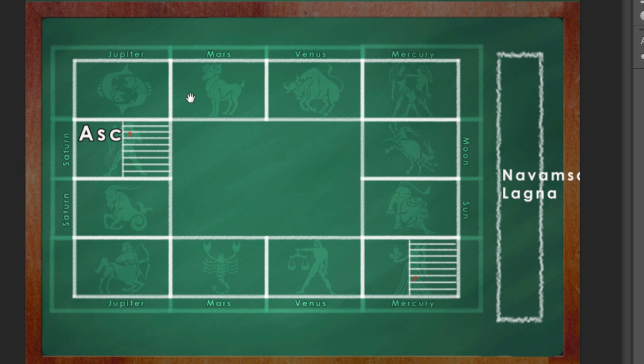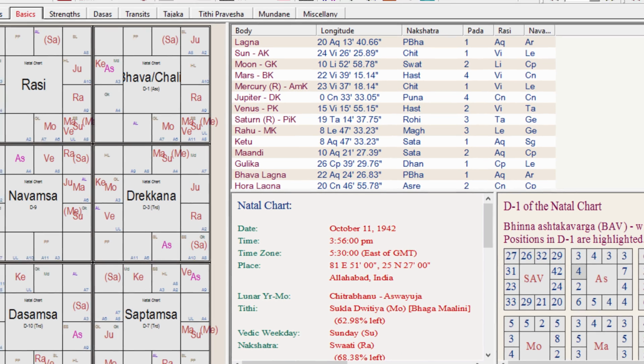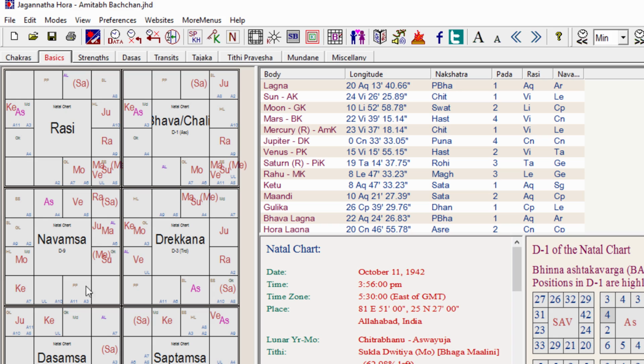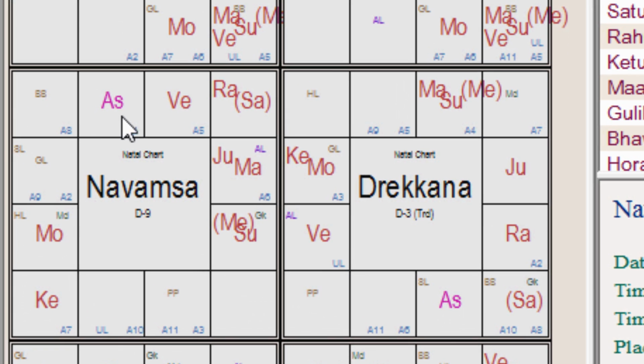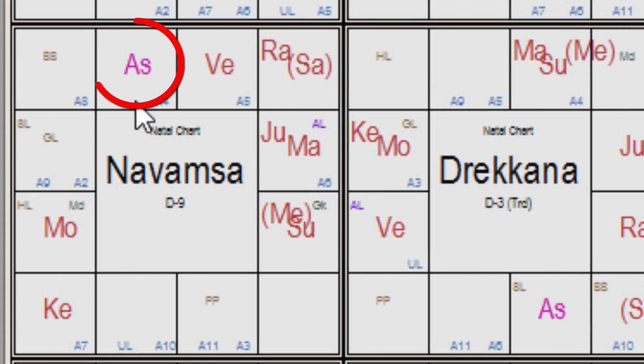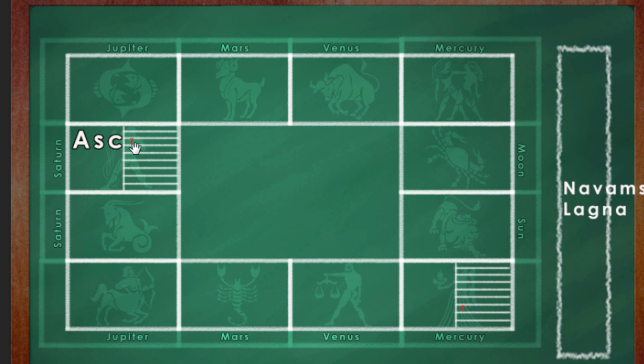Now in the horoscope of Amitabh Bachchan, you find that in the Navamsa chart, you find the Lagna here. How did this Lagna come over here? Now that is the next point. So if you know it is the 7th part, then how do we place it over here in the Navamsa chart?